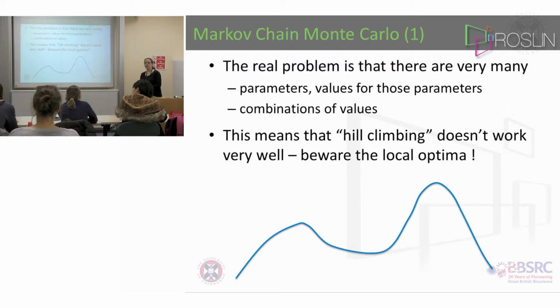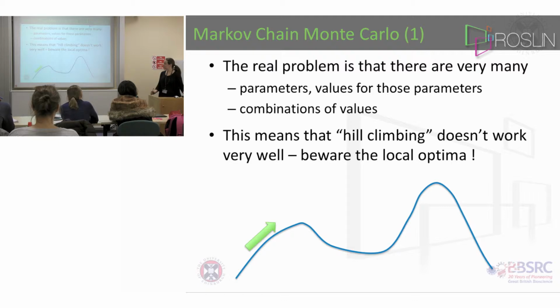the real problem, and as you'll see later, is there's actually very many parameters and very many submodels, and just scanning parameters like that isn't really going to work. Really, because there's so many parameters and so many combinations of parameters that in fact you haven't got that nice simple shape. You've got these terribly complicated shapes in multi-dimensions.